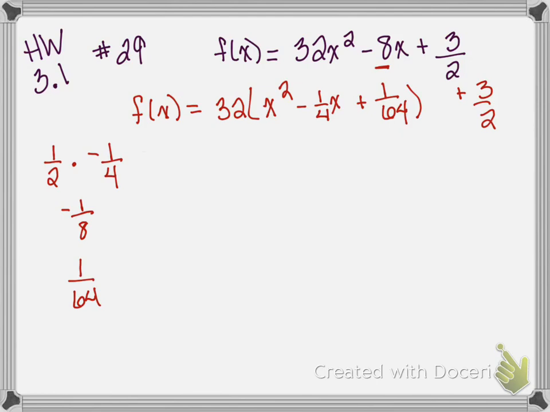I'm adding 1 over 64 times what? Times 32. Okay? 1 over 64 times 32 simplifies to 1/2.